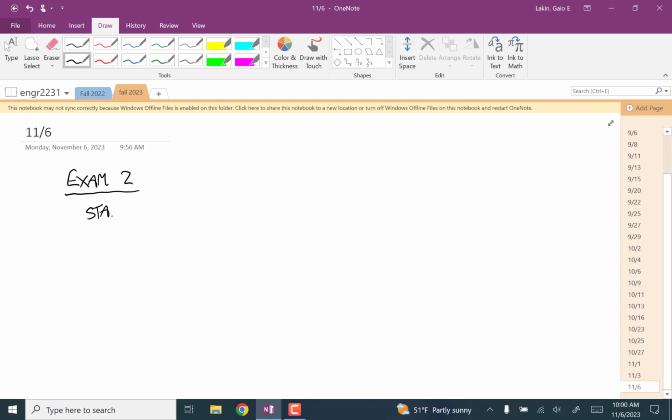So the process goes from state 1 to state 2. At state 1, it's a saturated mix. And at state 2, nope, that's wrong. It's liquid at state 1. And it's a mix at state 2.